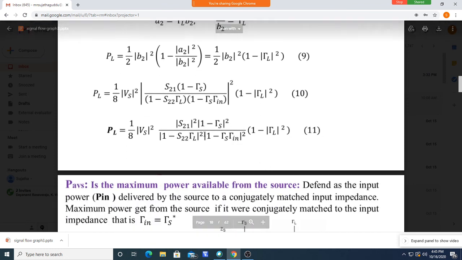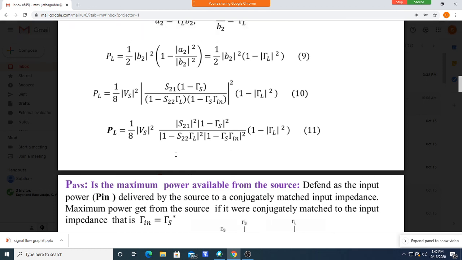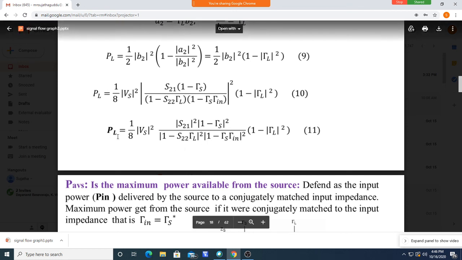You can see the power delivered to the load depends upon Vs, the input voltage, and the S parameters of the two-port network, S21, S22, and also on Gamma S, that is ZS, and the value of ZL. So ZS, ZL and the device S parameters decide the value of PL.